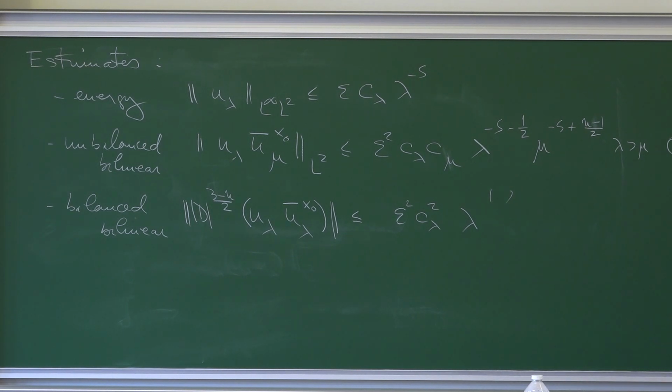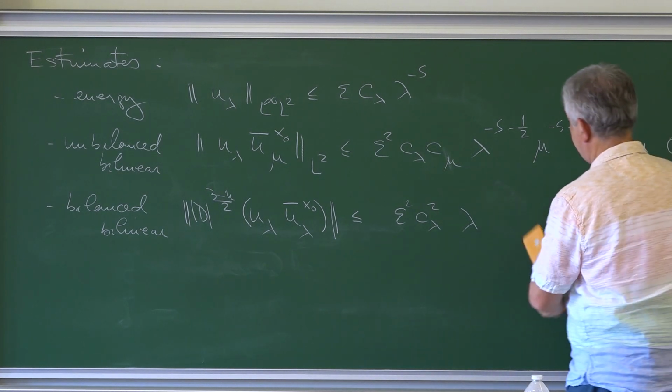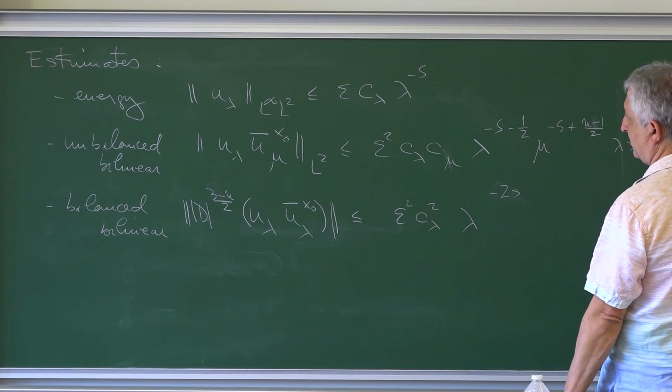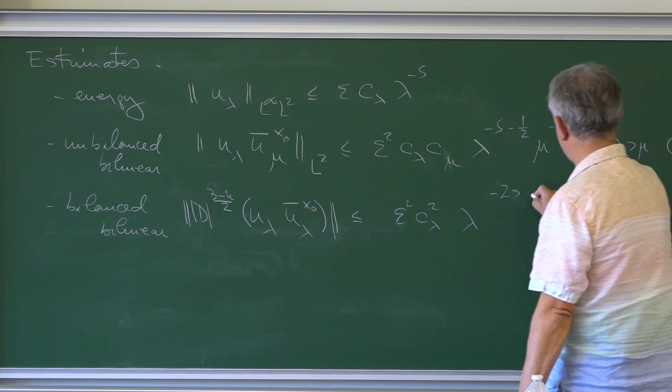I don't want to open my tablet right now. You can easily figure it out, in effect. Let's say n minus 1, 3 minus n. That would be minus 2s plus a half, something like this.